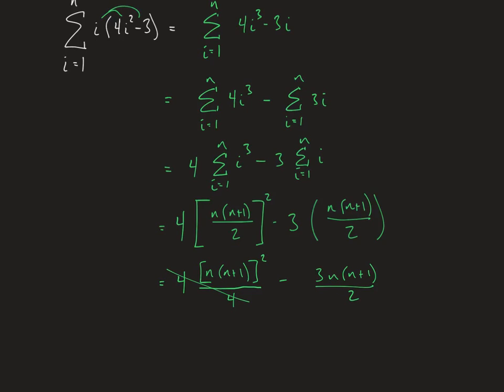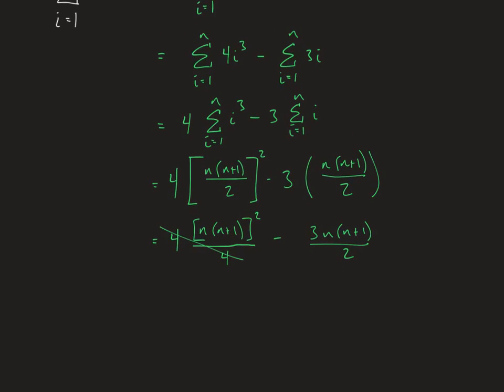So what I'm going to do here is factor out an n times n plus 1, because I have that in each of these terms. So sometimes factoring helps us simplify here.